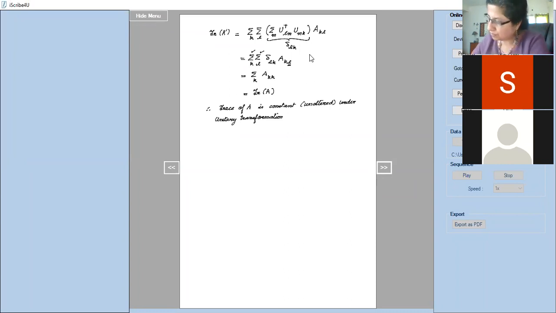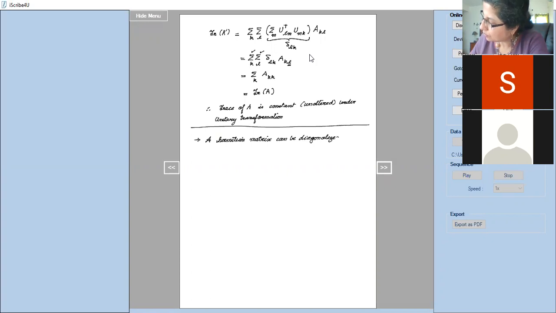Also we know, and we can add to this, that a Hermitian matrix can be diagonalized using unitary transformation, right?